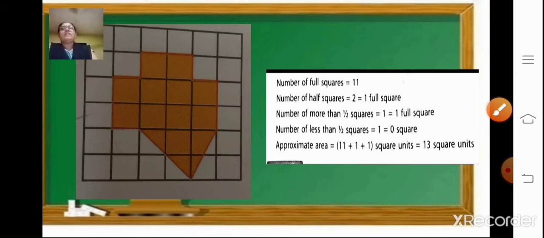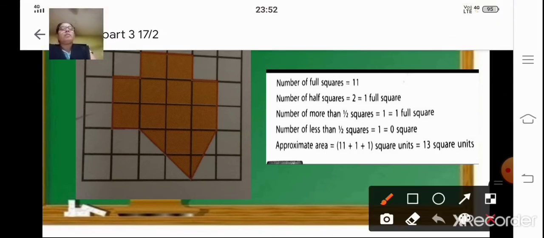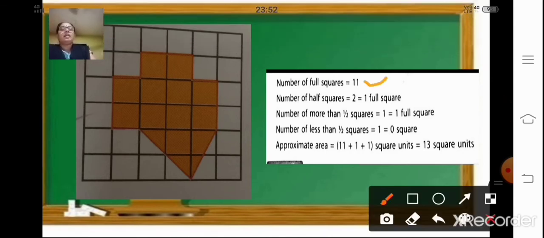Yes. Now let us find the area of this given figure here. Now here you can see the total number of full squares covered is 11. See 1, 2, 3, 4, 5, 6, 7, 8, 9, 10 and then 11.